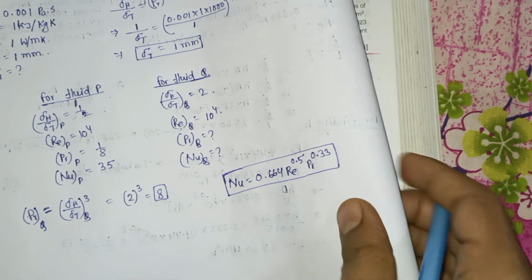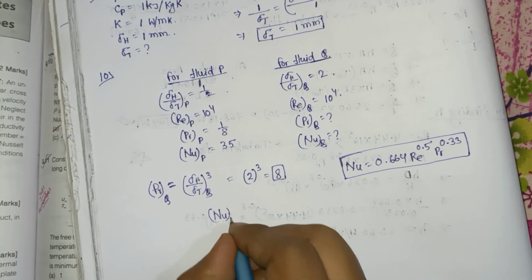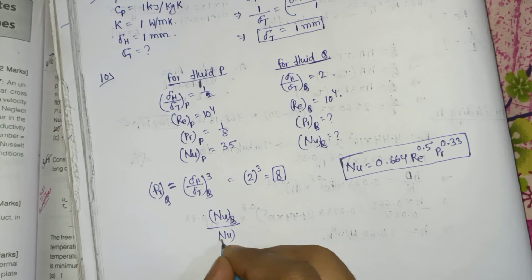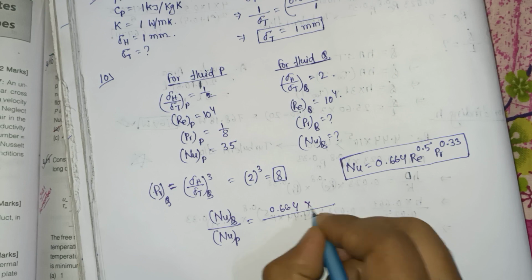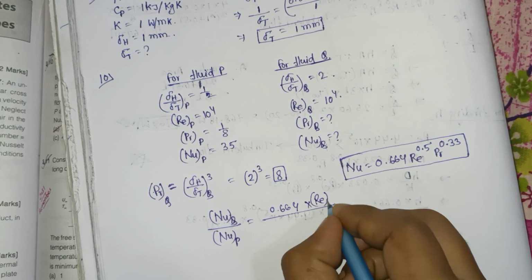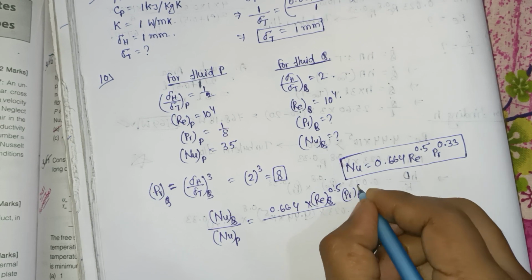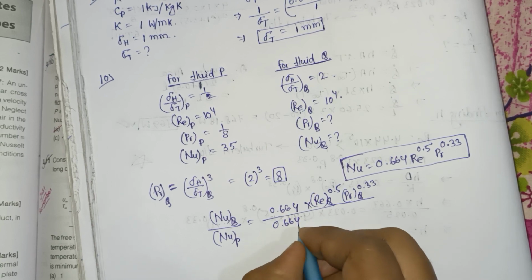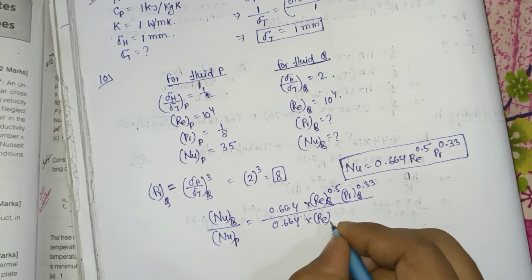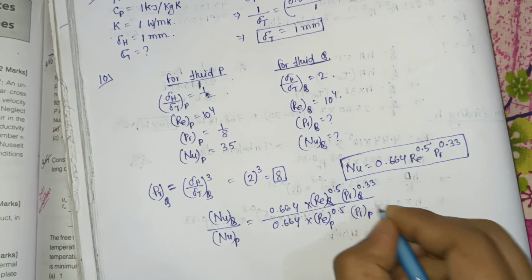From here you can write this formula: Nusselt number of Q by Nusselt number of P equals 0.664 into Reynolds number of Q to the power 0.5, Prandtl number of Q to the power 0.33, by 0.664 into Reynolds number to the power 0.5 into Prandtl number of P to the power 0.33.